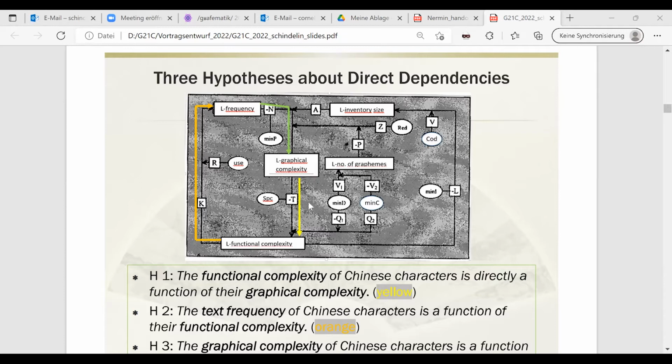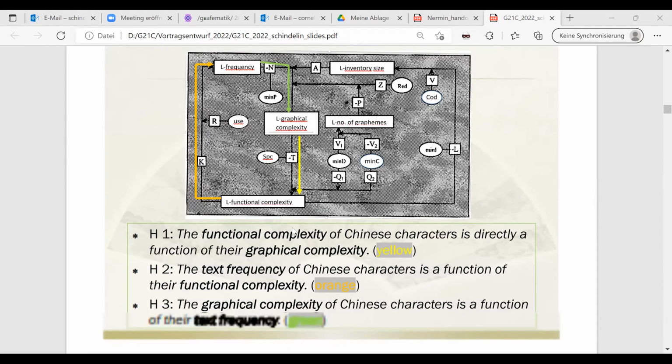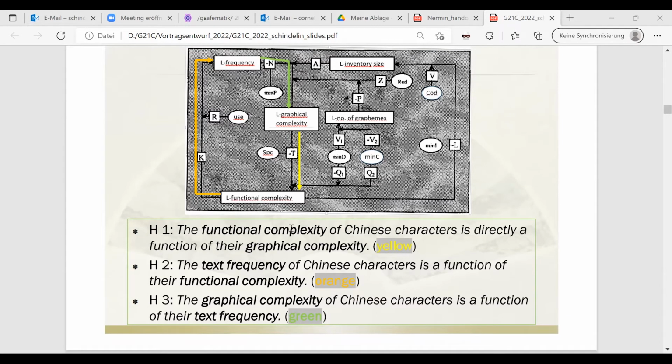So they have the same needs for coding and decoding and minimizing the inventory, and the other needs that are represented here in these oval shapes also work on the characters. So I wanted to try to find out how the model would behave in regard to Chinese characters. That's very briefly the background.